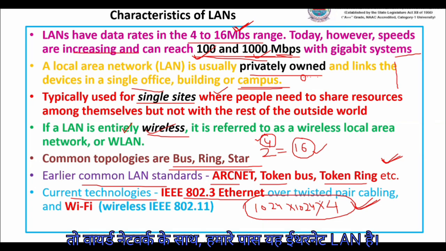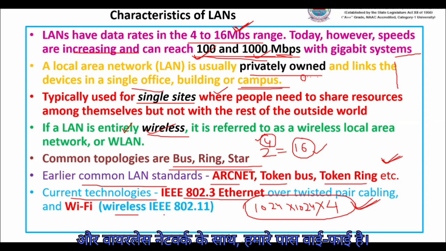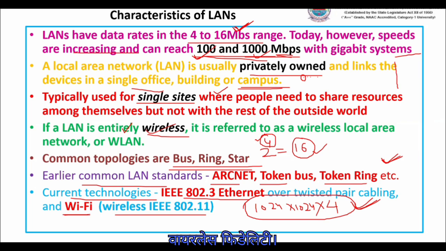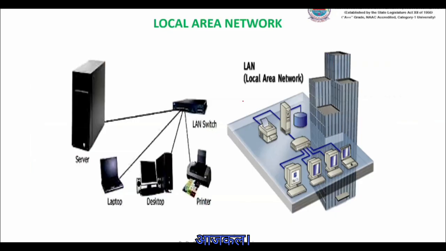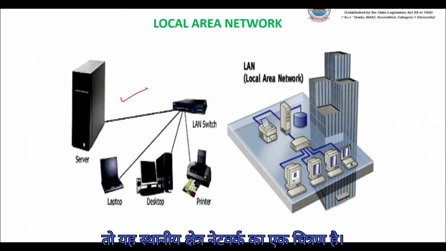With wired networks we have Ethernet LAN, and with wireless networks we have Wi-Fi, wireless fidelity. These two standards are the most commonly used nowadays.